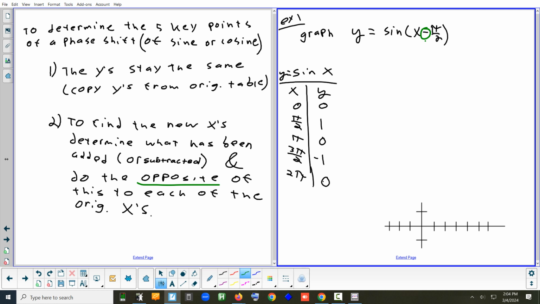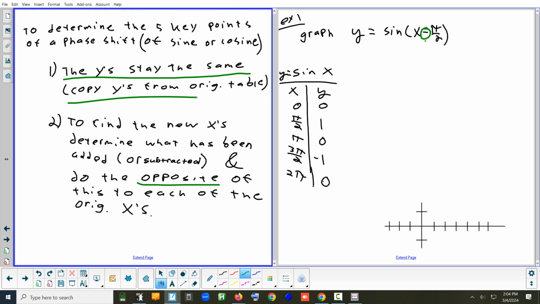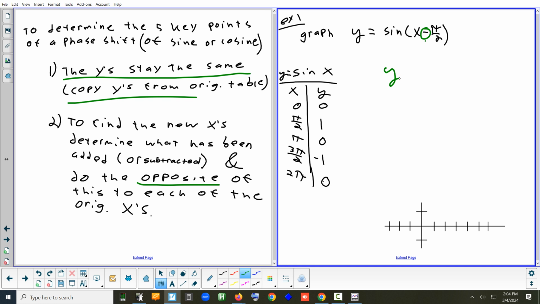Okay, when you're doing a horizontal shift, what values did we say stay the same? The y's stay the same. So I need to copy those down from the table we have. Can somebody tell me, in the table that I just gave you, what are my y values? 0, 1, 0, negative 1, 0.